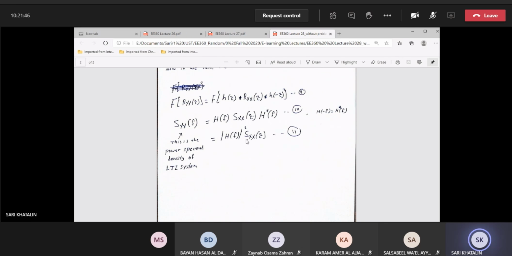So the end result will be this one here, and this is the power spectral density of the LTI system. This is the main result we are looking for: the transfer function squared times the power spectral density of the input.